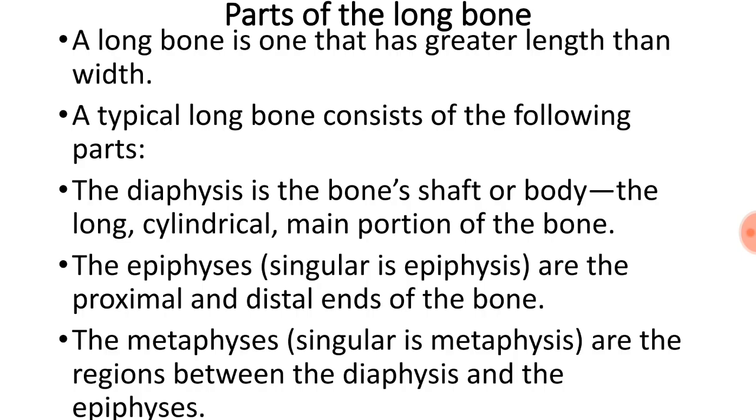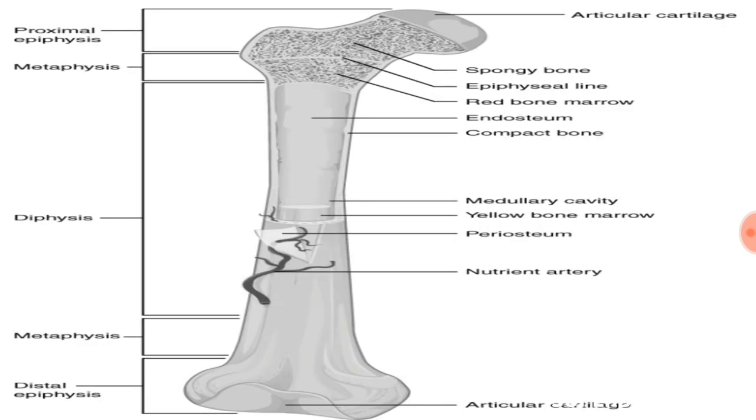And also we have epiphysis, singular epiphysis, the proximal and the distal end of the bone. Tuliangalia maana ya proximal and the distal end. So these are the proximal epiphysis and this is the distal epiphysis.